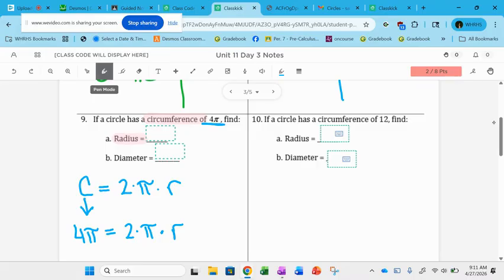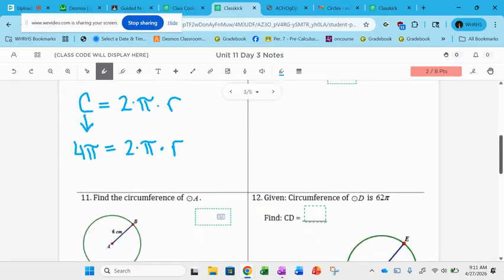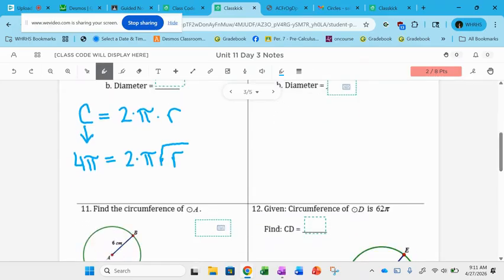Okay, now the first thing we're doing is solving for the radius. So we're going to go back to solving equations. I need to solve for r. If I need to solve for r, I need to get it in a box all by itself, which means I have to get rid of the 2 and I have to get rid of the pi. Do we all agree the 2 and the pi are being multiplied with the r? So to undo multiplication, I'm going to perform division.